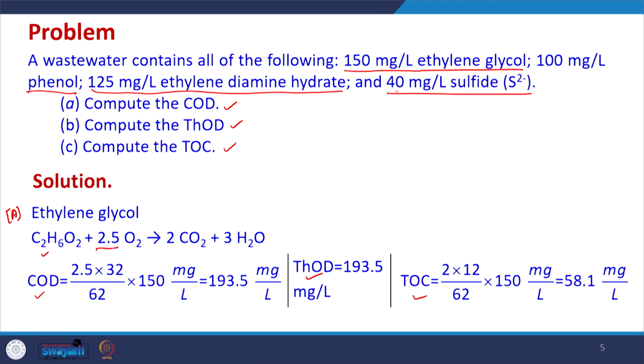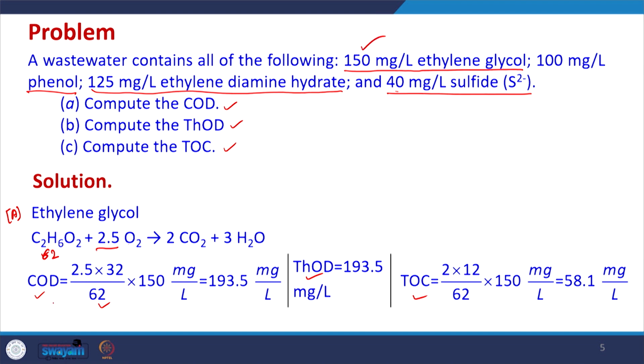So, we can see that 2.5 moles of oxygen are required per mole of ethylene glycol. Now, the COD can be calculated. Remember, the molecular weight of ethylene glycol is 62. So, 2.5 into 32 per mole, divided by 62, and the wastewater sample contains 150 milligram of ethylene glycol.